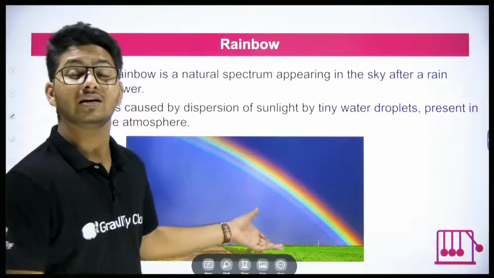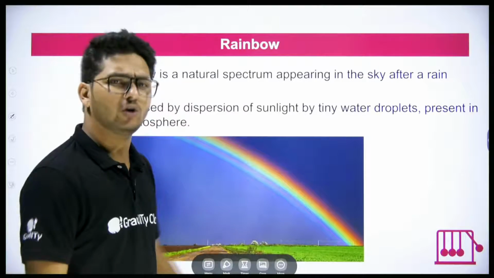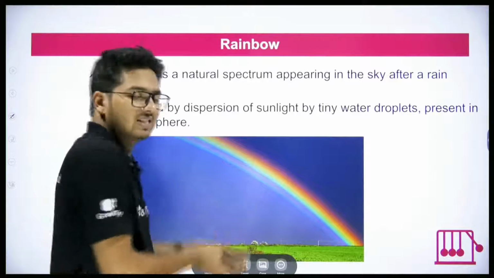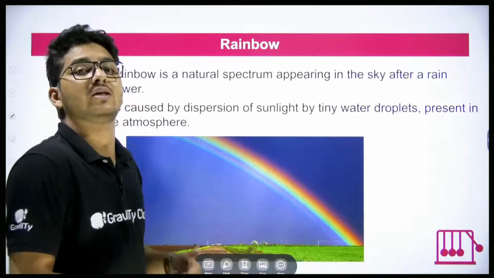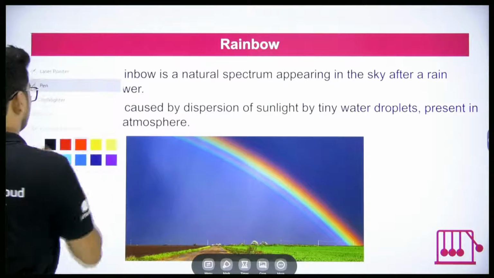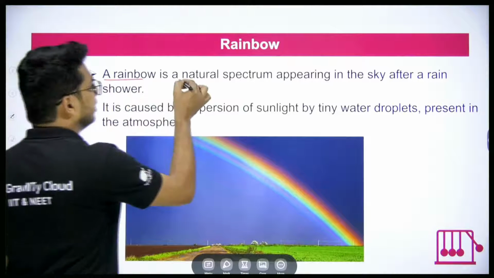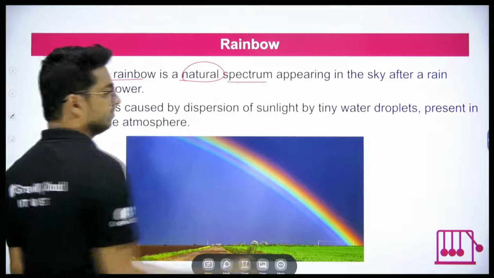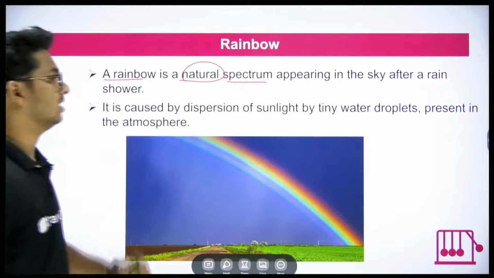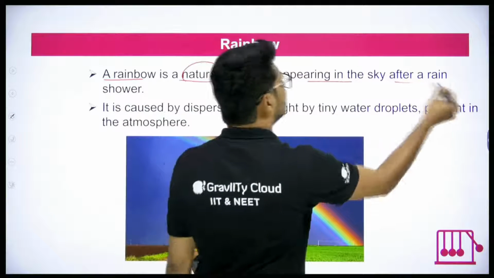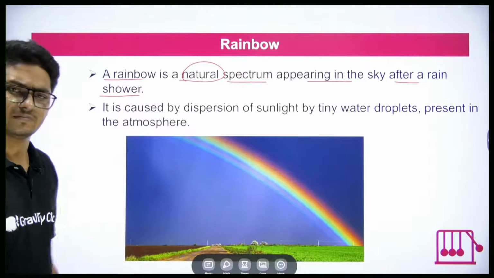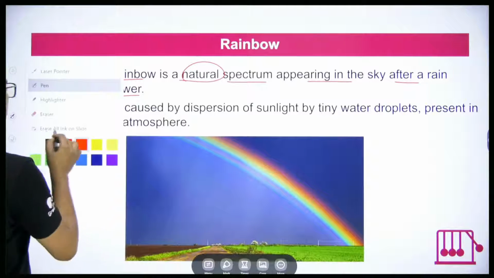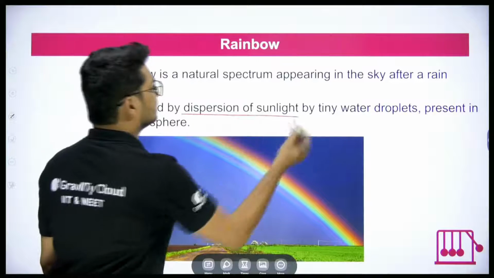And it's obviously a natural phenomenon. We don't do anything. It occurs in nature, by nature itself. So a rainbow is a natural spectrum appearing in the sky, generally after a rain shower. And it's caused by dispersion of sunlight.